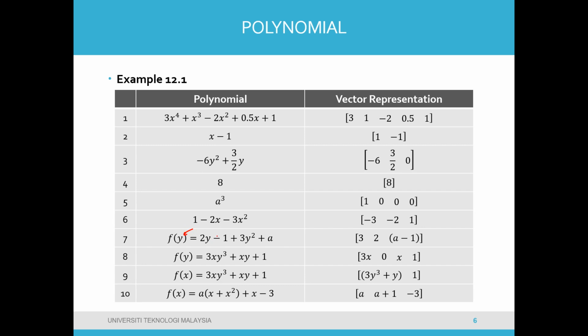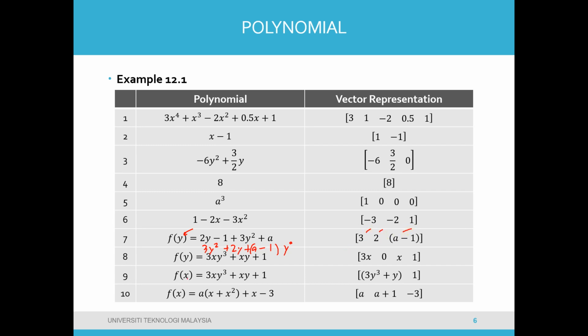You have to rearrange it first: 3y squared plus 2y, and then there are two terms where y equals to 0, order 0, so plus minus 1 in this form, y power of 0. Make sure when you do this, you rearrange it first. You can see here 3, 2, and then minus 1.